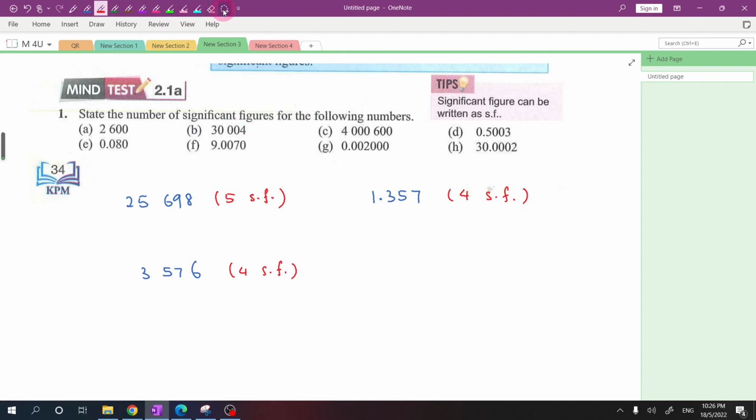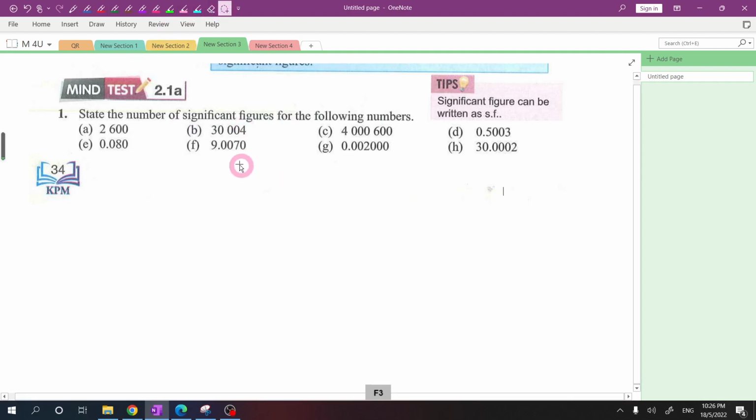Okay, now let's look at the first situation. Let's say we have a number 354000. How many significant figures do we have here? It can be 3, 4, 5, and so on. It actually depends on the level of accuracy. What do I mean?